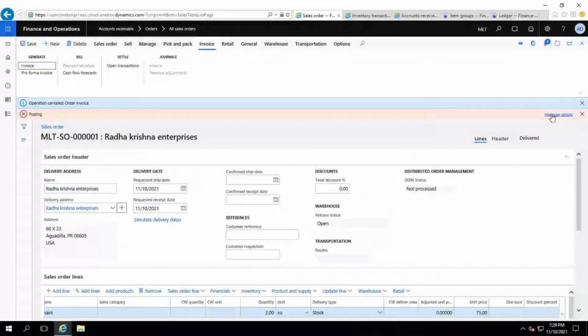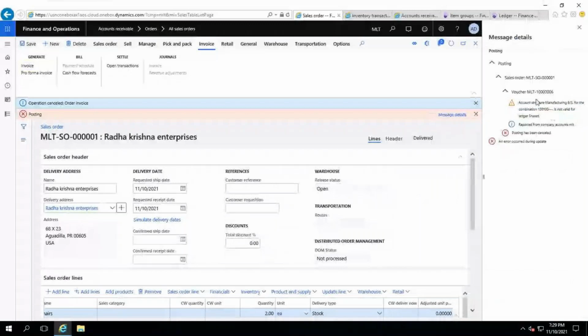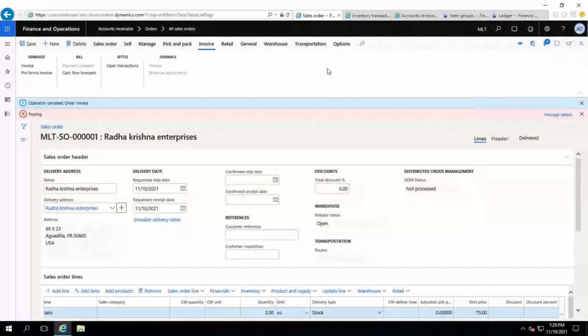What happened? 130100 is correct only. Still, it is not recognizing. It is recognizing from standard 130100. Give me a second.